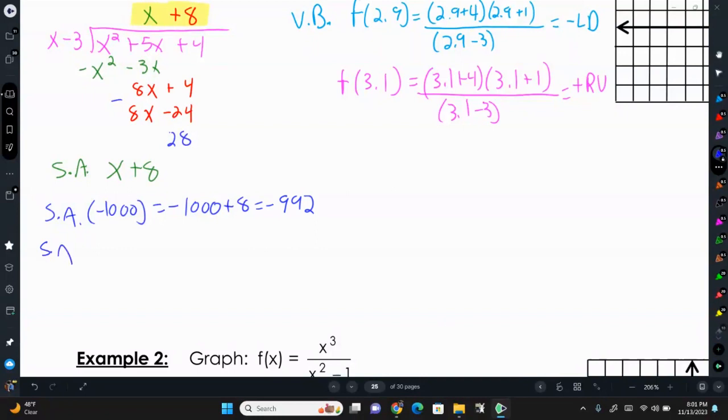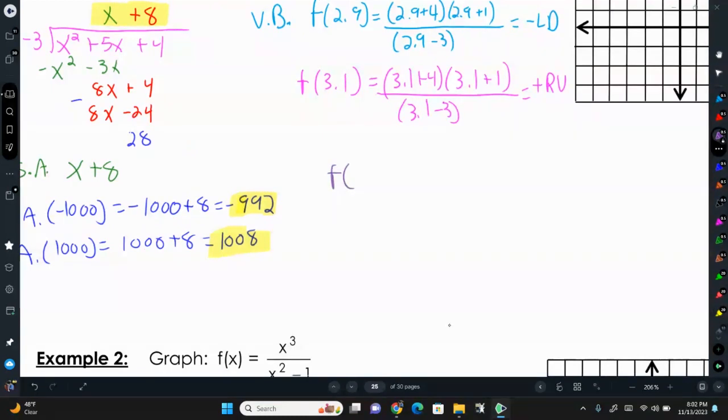And then we have to evaluate the slant asymptote at positive 1,000. 1,000 plus 8 is 1,008. So when we do our end behavior and we substitute negative 1,000 and positive 1,000 into f, we compare them to these numbers for above or below.